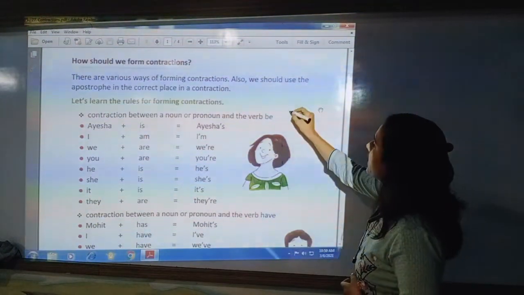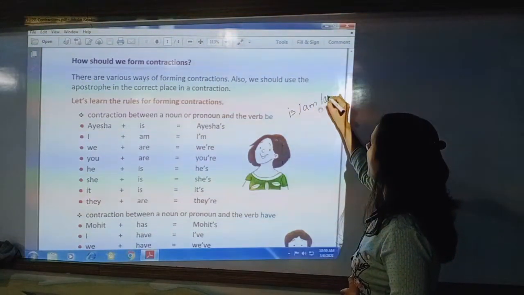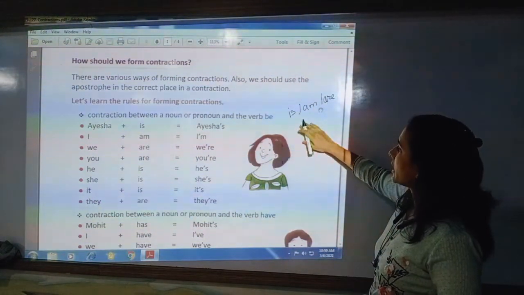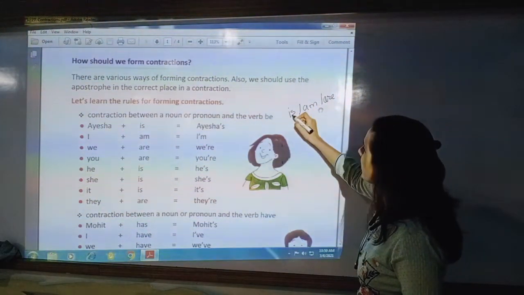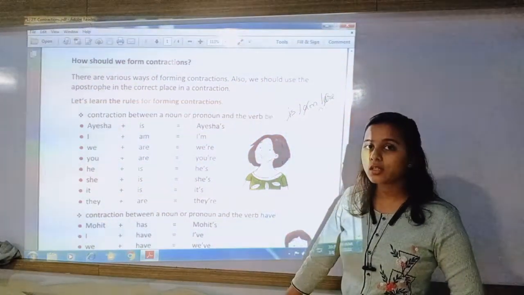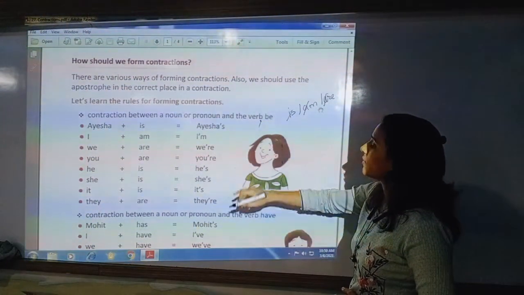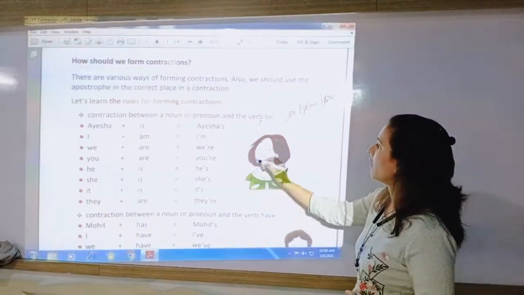Here you can see is, am, are. In these, the first letter will be removed, and at that place we will put apostrophe. So how it will be?